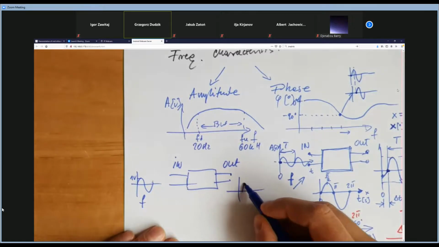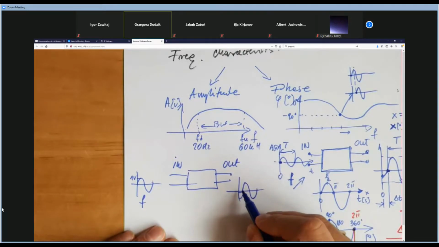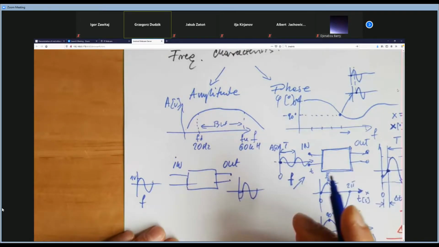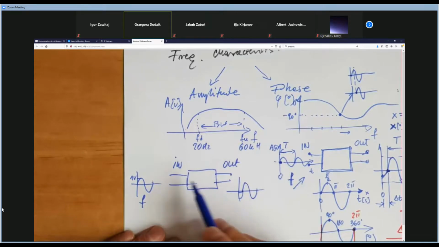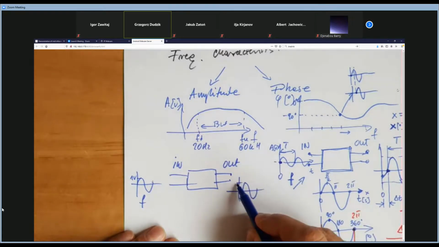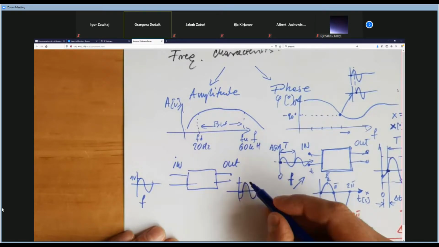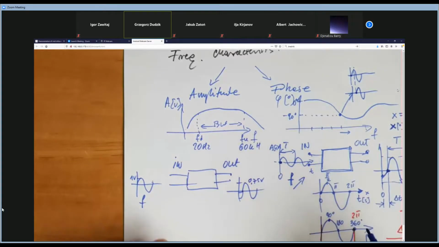It can be shifted, yeah, so some phase difference will be observed between them. But we can see that here the amplitude of the output signal is not 1 volt, but, for example, 0.75 volts.